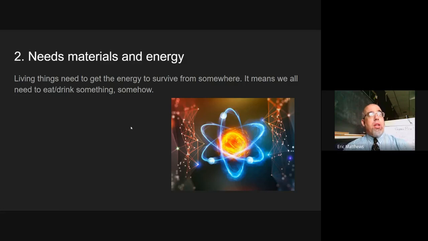Number 2, all living things need materials and energy. That means that they have to obtain the materials for the energy that they need. Now, in humans, that means things like eating and drinking. But not all living things, not all biotics, will follow those exact same rules.